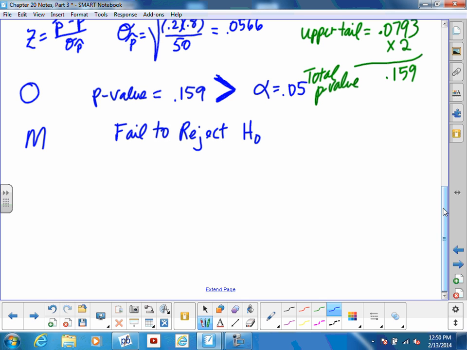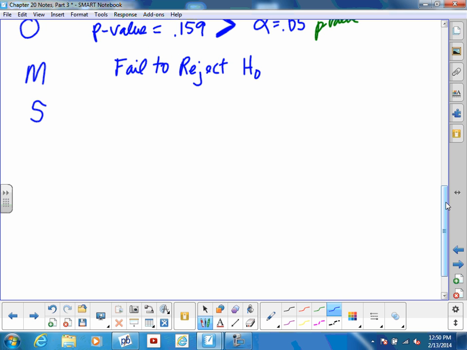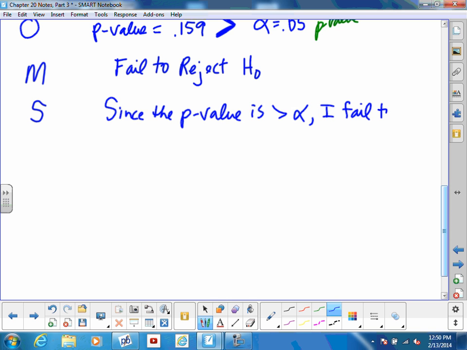Fail to reject. And then you're going to state your conclusion, and it's nice that that's an S because that reminds you to say, since the p-value is greater than alpha, I fail to reject that. Here comes context.